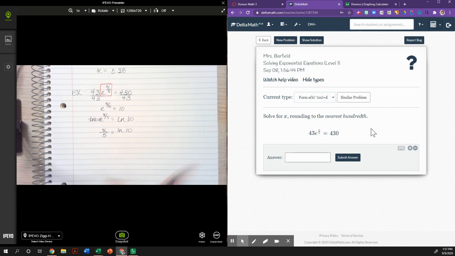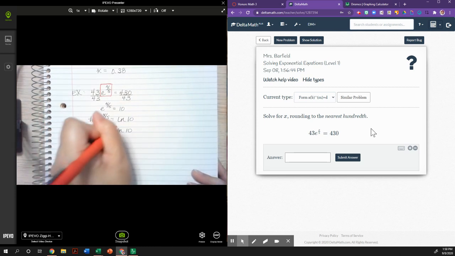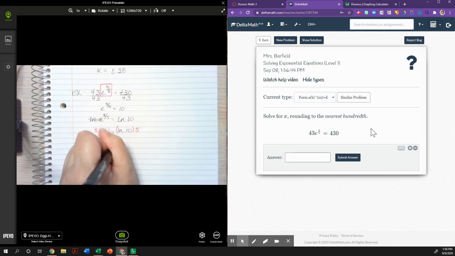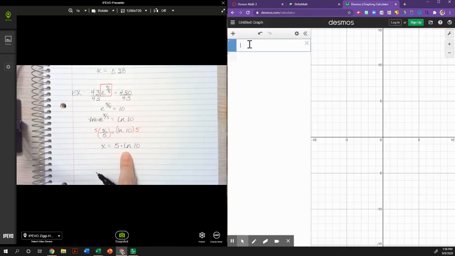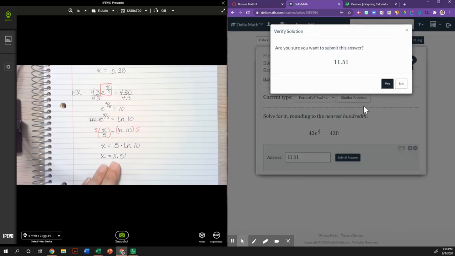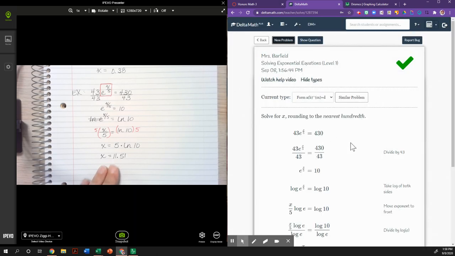I'm going to multiply both sides by 5. So I get x equals 5 times ln of 10. And I'm going to type that in. So 5 times ln of 10. So x equals 11.51. That's it. Yes. There we go.